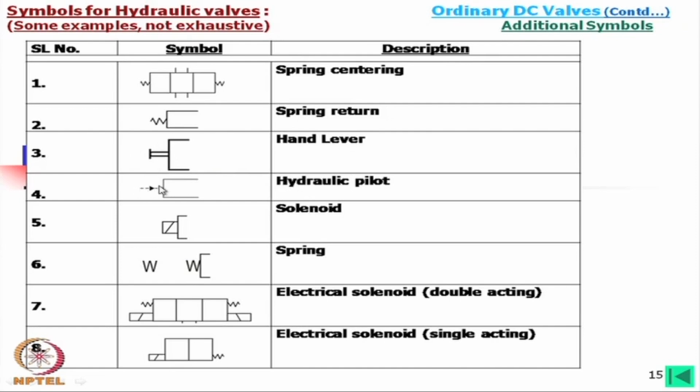If you show this dotted line with filled arrow, hydraulic pilot, and if you show this symbol, this is solenoid operated, and you can use this spring like this or maybe with a cap like this, and this is obviously spring centered and solenoid operated on both sides, and here spring return solenoid operated on one side.